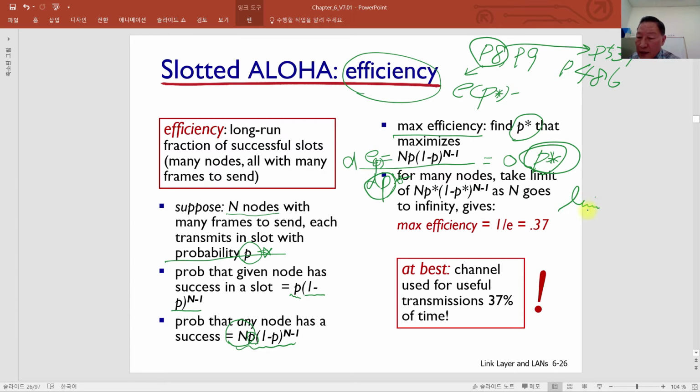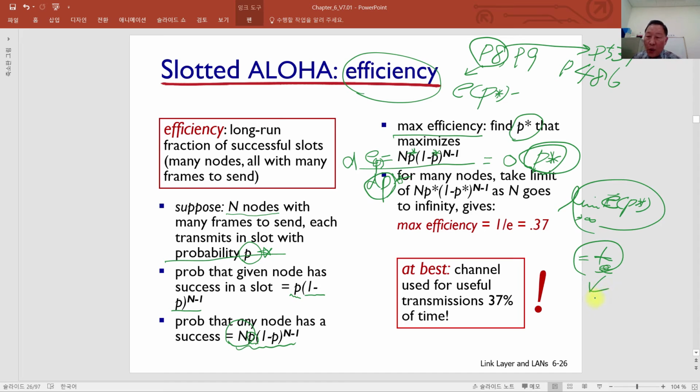And after with this equation, we are putting this one here, and as n goes to infinity, this one will be 1 over e.